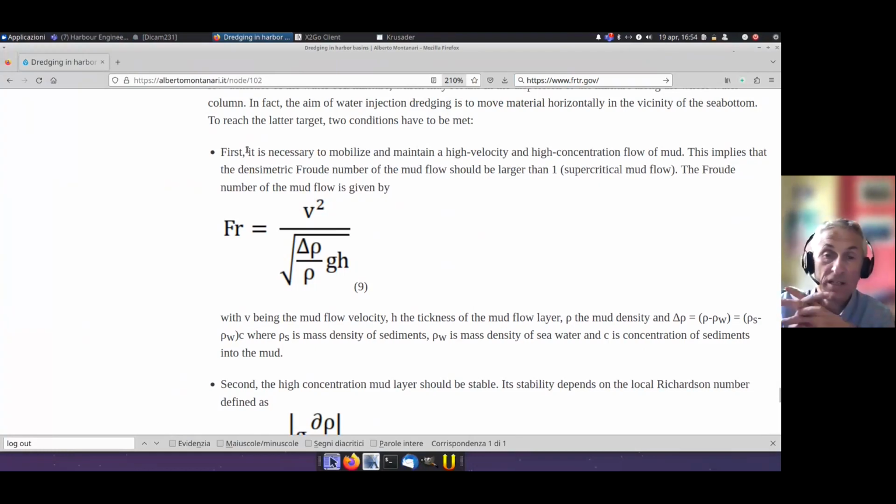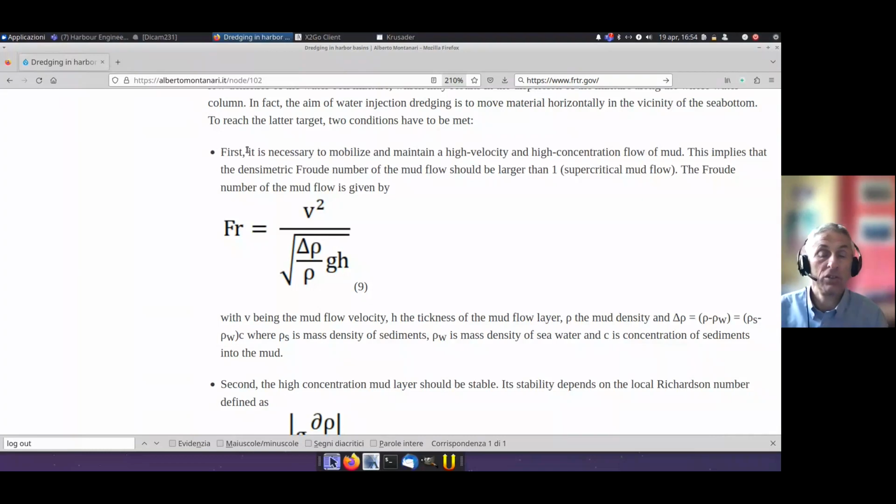First, it is necessary to mobilize and maintain a high velocity and high concentration flow of mud. This implies that the densimetric Froude number of the mud flow should be larger than 1. So we have to get to supercritical mud flow.